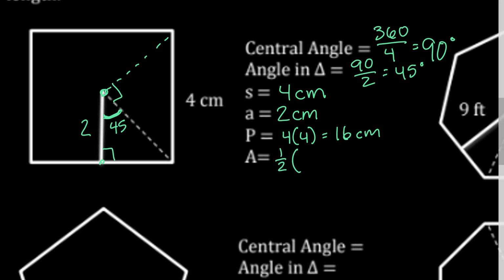So 1/2 times the apothem, which is 2, times the perimeter, which is 16. What is 1/2 times 2 times 16? 16 centimeters squared. And you have to write the square.